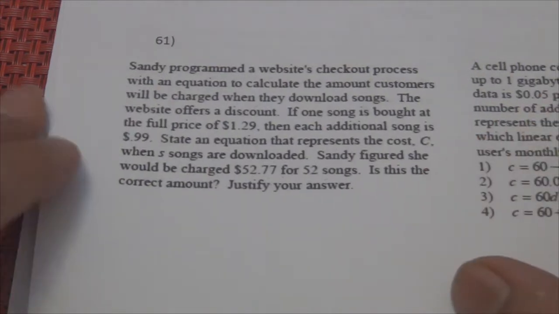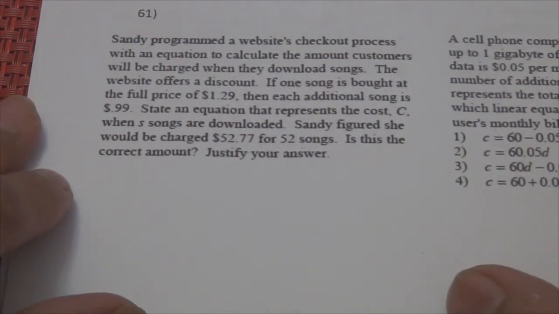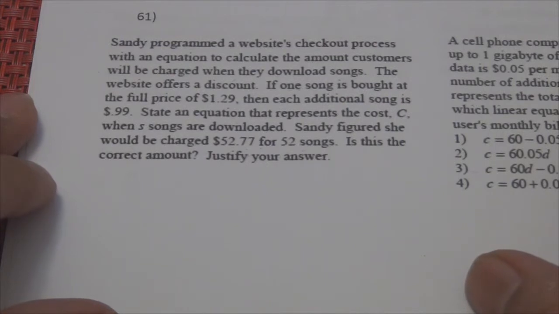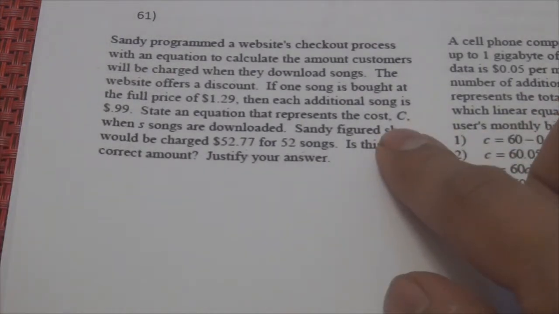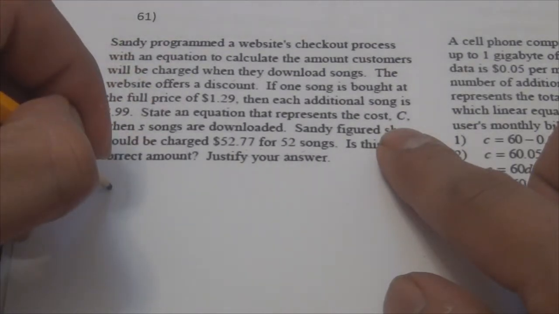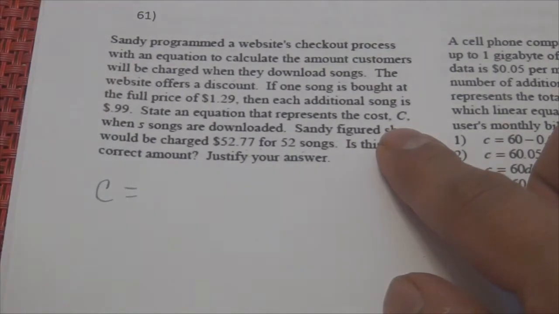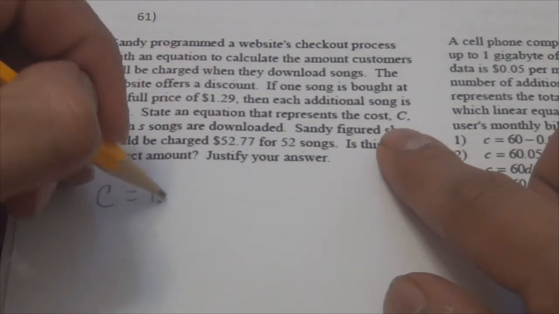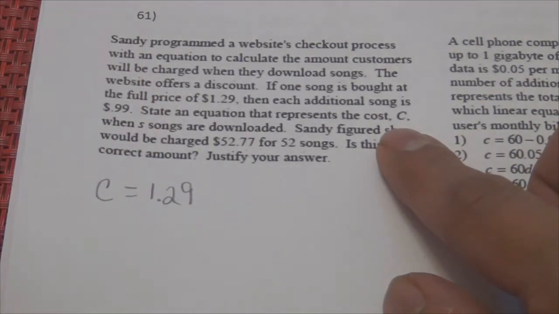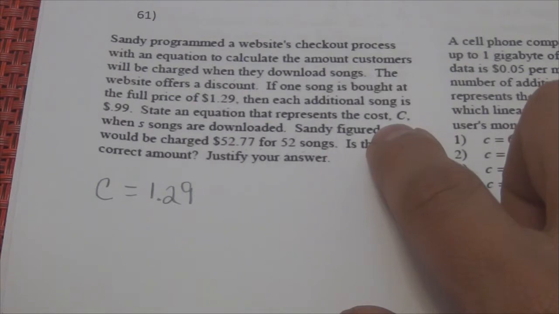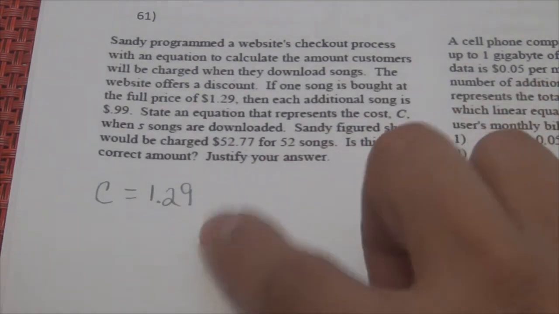All right. So I need to write an equation, right? Based on the cost. So I'm gonna say cost. What do I know? That she will charge $1.29 if the song is full price.